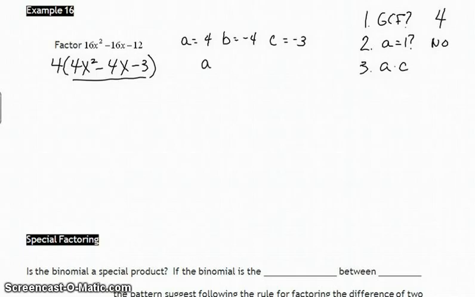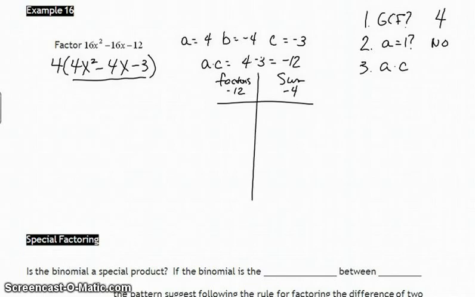So I find A times C, that's 4 times negative 3, which is negative 12. Factors of negative 12 whose sum is negative 4.